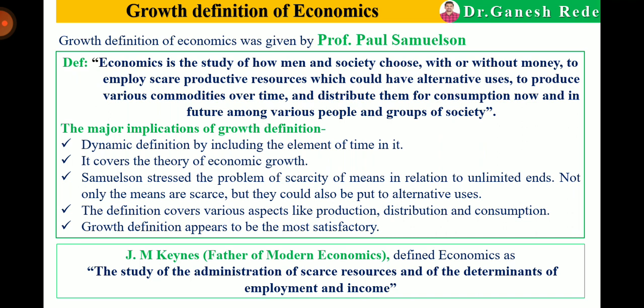According to Paul Samuelson, economics is the study of how man and society choose, with or without money, to employ scarce productive resources which could have alternative uses to produce various commodities over time and distribute them for consumption now and in the future among various people and groups of society. This is the definition given by Paul Samuelson.